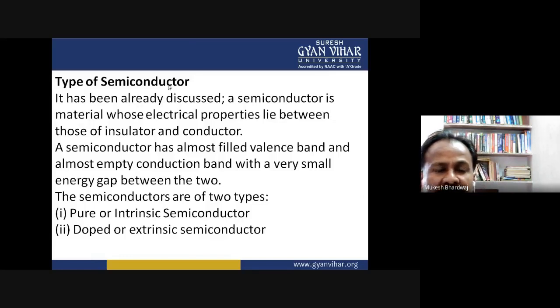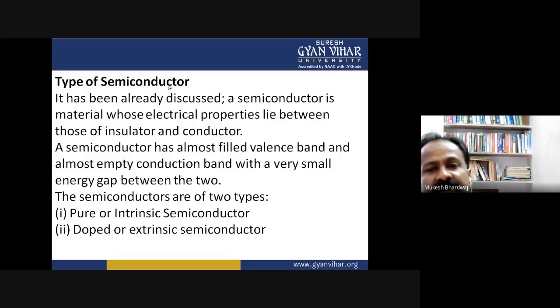One is intrinsic semiconductor or pure semiconductor, and the other is extrinsic semiconductor or impure semiconductor. Here, extrinsic or impure means you are adding some dopant, not an impurity like some wastage. You are adding some external elements to the pure element, and that category is considered the extrinsic semiconductors.